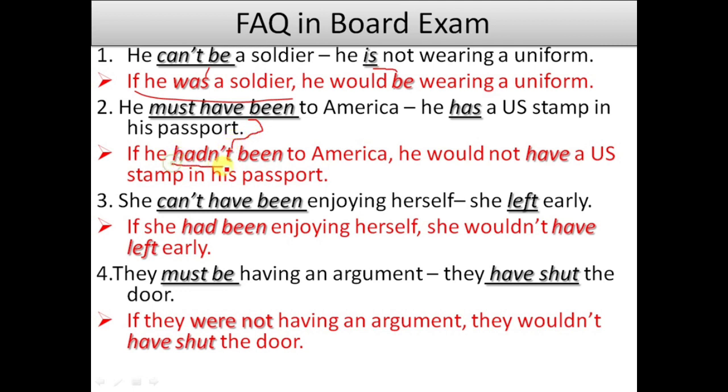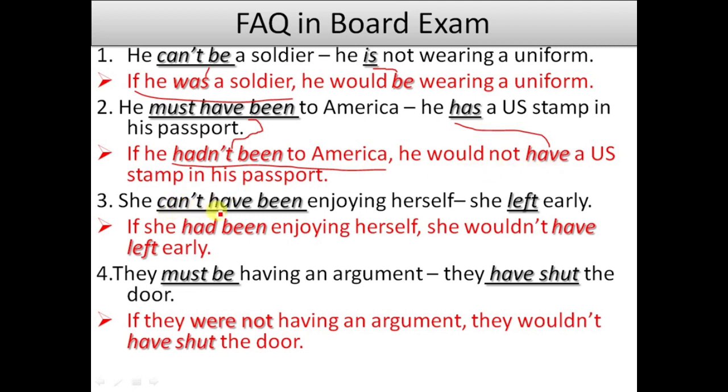So if he had not been to America, he would not have a US stamp in his passport. Here is has, so we change into have. And you can use would or would not, looking at the condition, and you have to give an appropriate explanation or reasons.